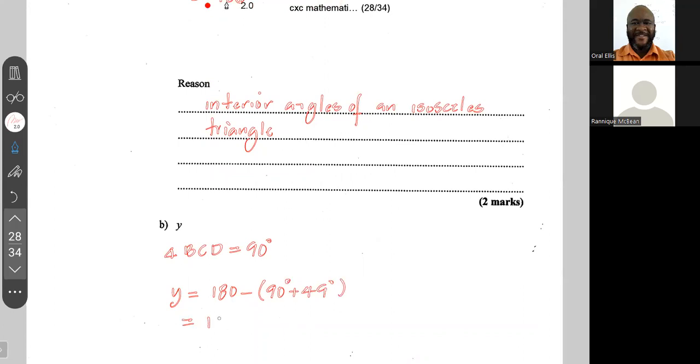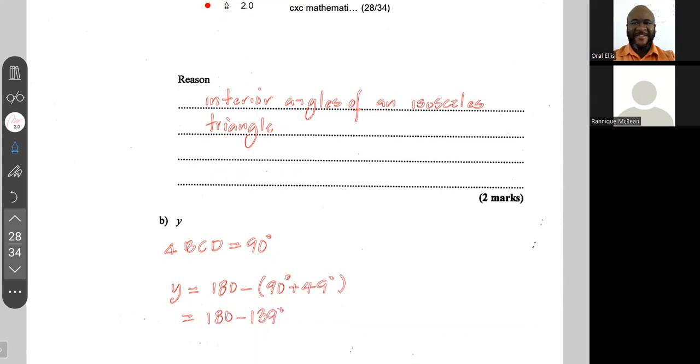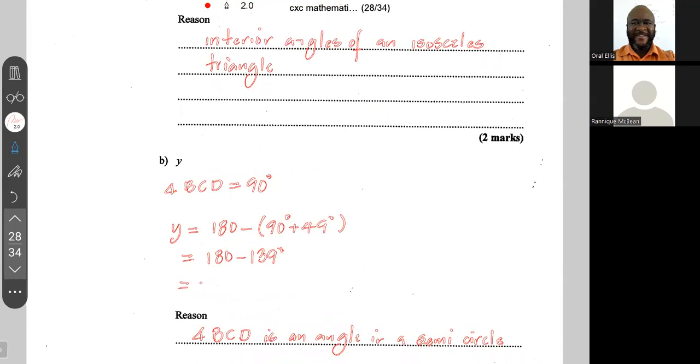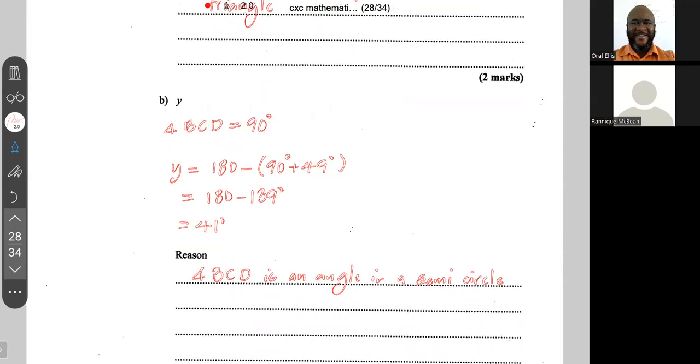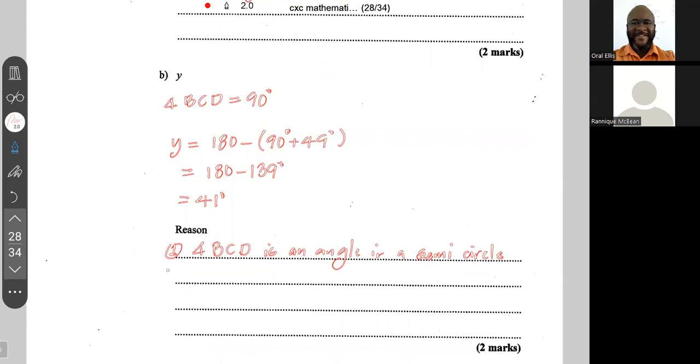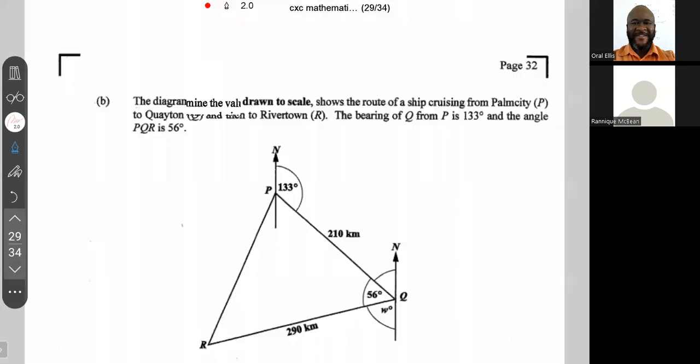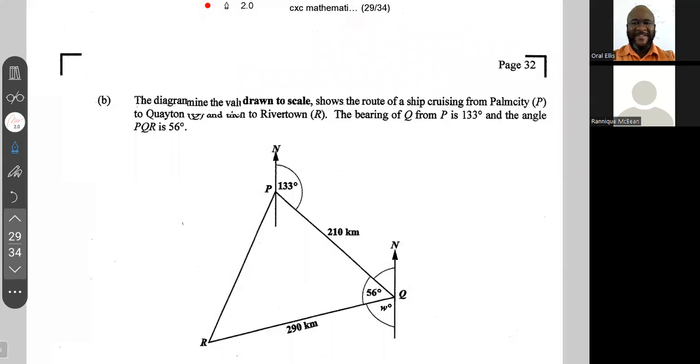So this is 180 minus 139. This is 41 degrees. And my second reason is interior angles of a triangle. All right. They don't want Z. There's no Z, it's just Y you have to find.